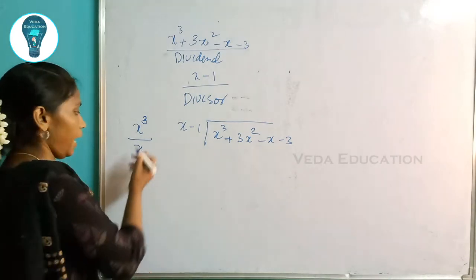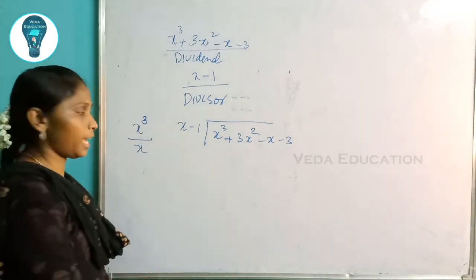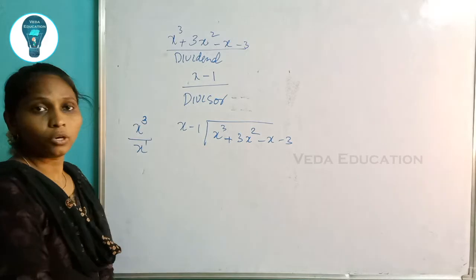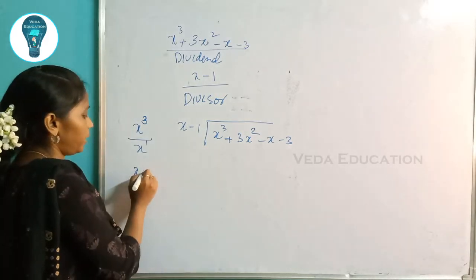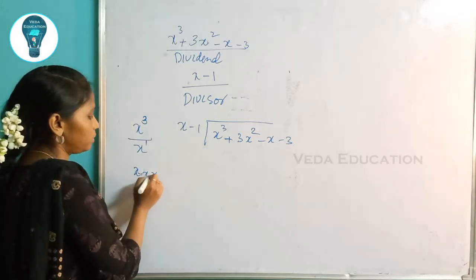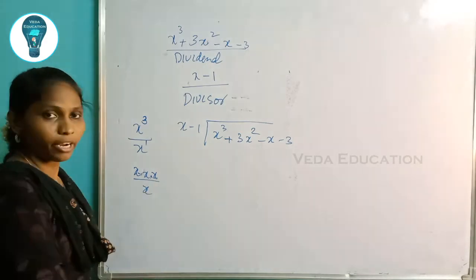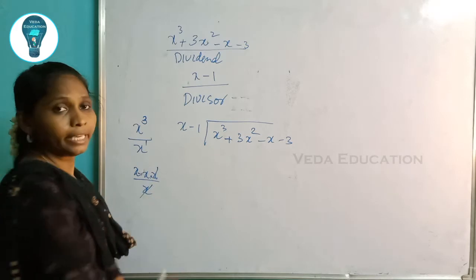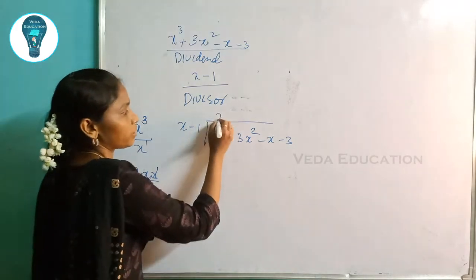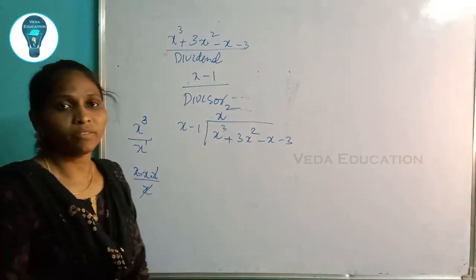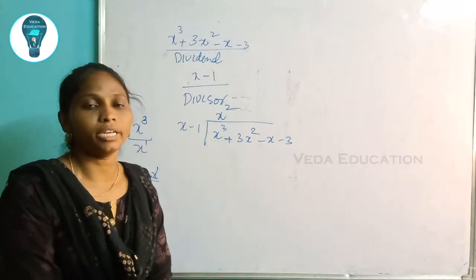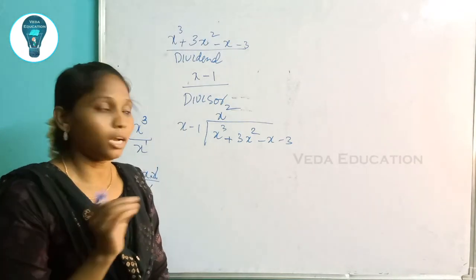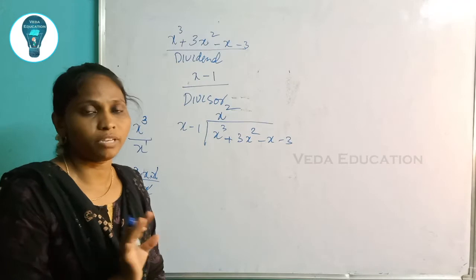Cancel it: here the power is x cube and here the power is 1. If you split it, you get 3 x's and here 1 x, so it cancels. How many x's are left? x square. So the quotient part is x square. Remember, the first term of the dividend should get cancelled; only then will our division process follow.